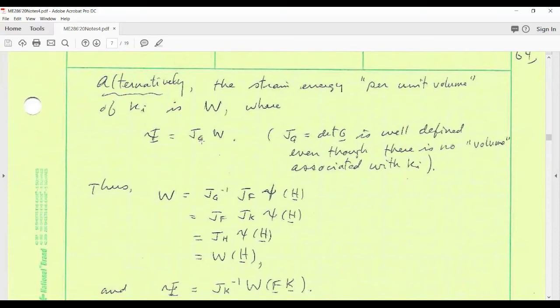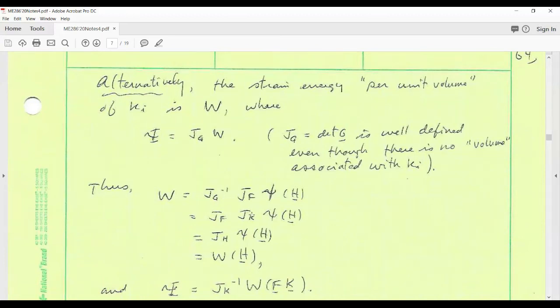Okay. So this function W, let's see, what is it? Well, it's 1 over J_G, which is okay because G has a positive determinant, times J sub F times my original small psi of H. J_G inverse is J_K because K is G inverse.